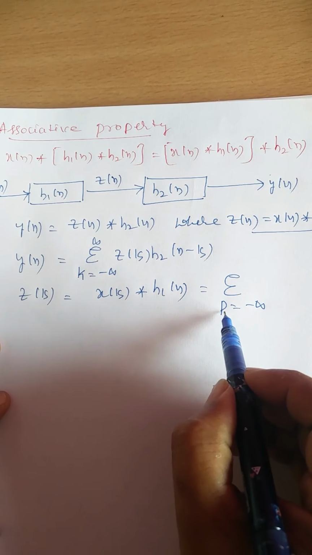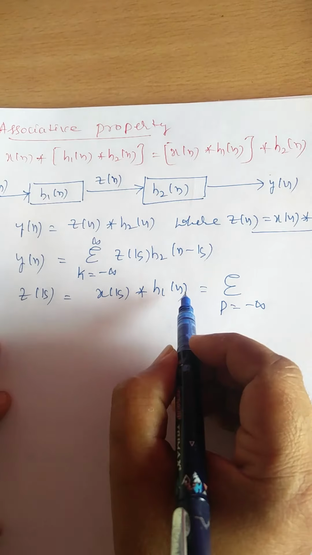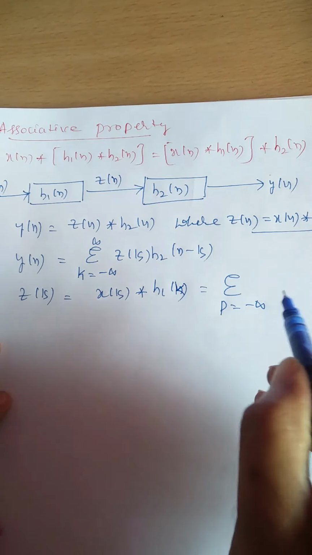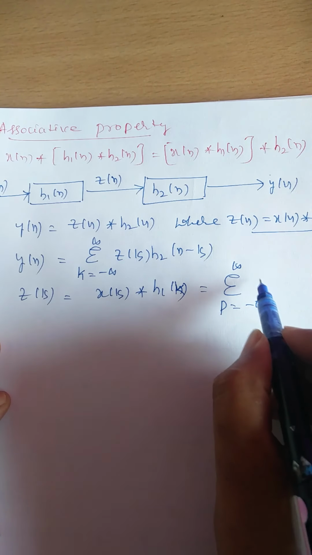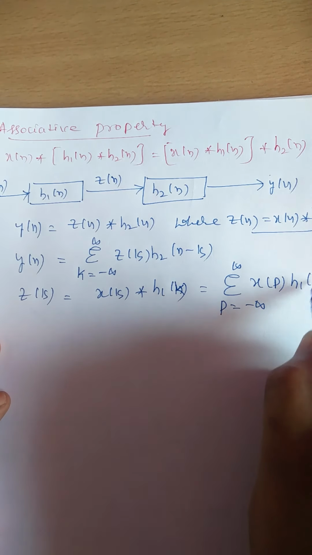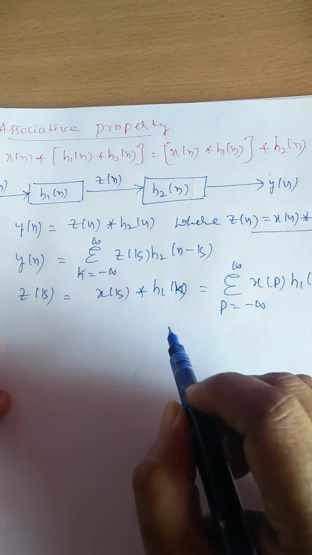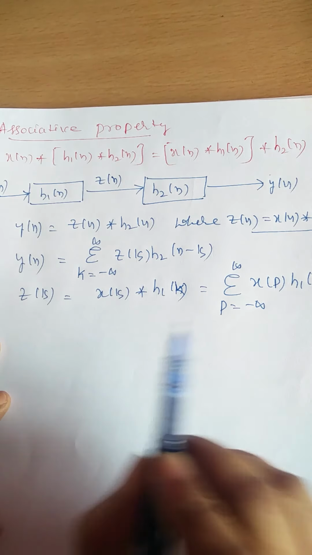Instead of k I am using the variable p here because already k is used here. Instead of n I am using k here, instead of k I am using p here.